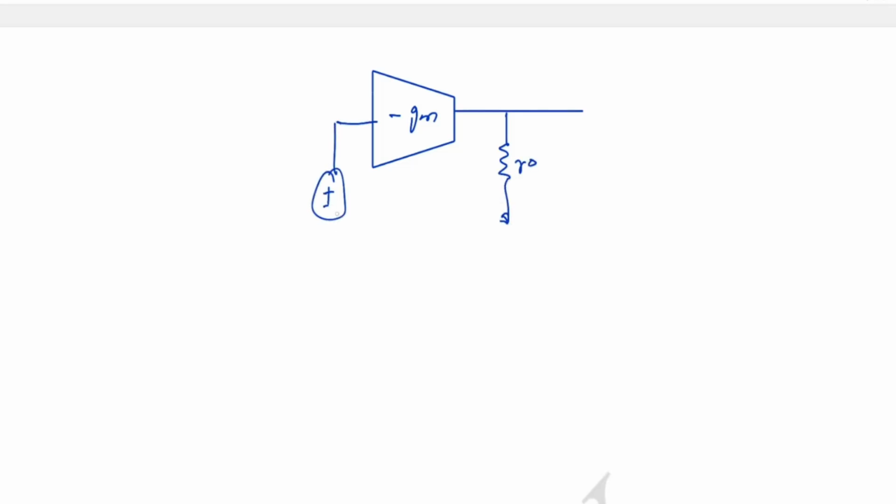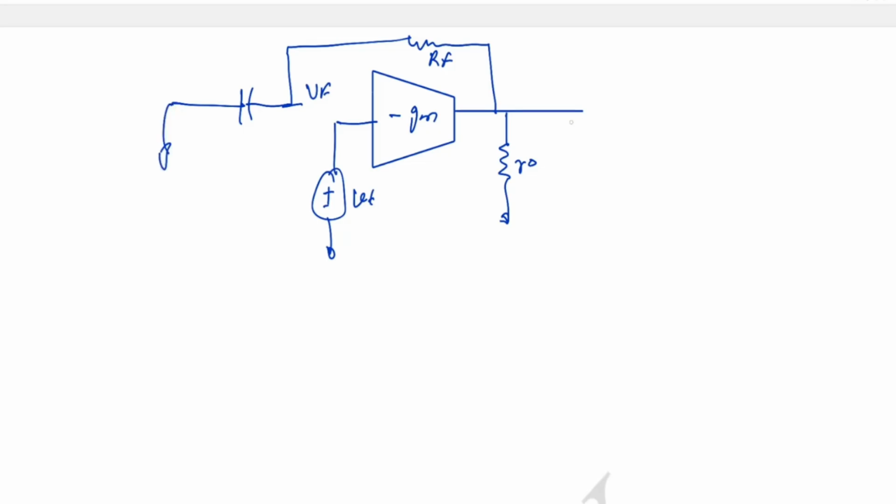So if I again draw the small model for loop gain, that will be minus Gm, this is R naught, and this is our test voltage, and this is Rf, and Vin is 0.